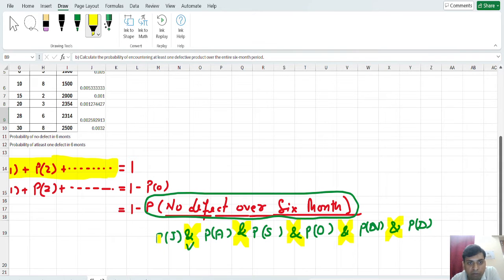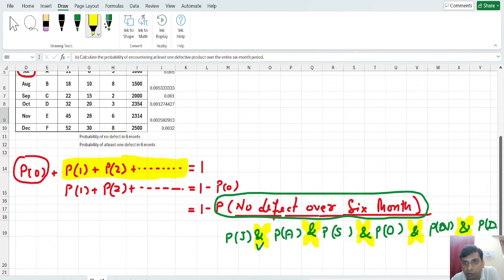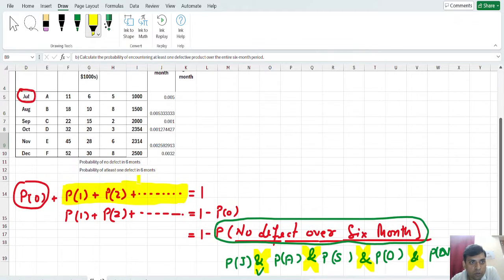First you need to find the probability of no defect in the month of July, then multiply it with the probability of no defect in the month of August, and so on. So we are working toward this probability of no defect over 6 months. I have written this as probability of no defect in 6 months.